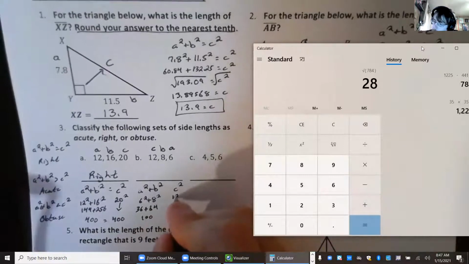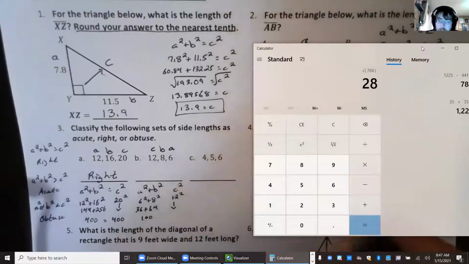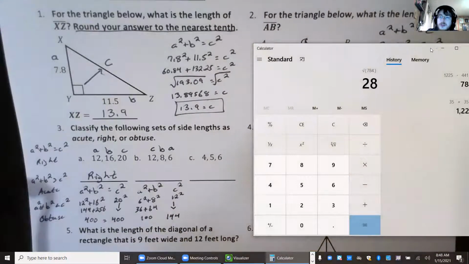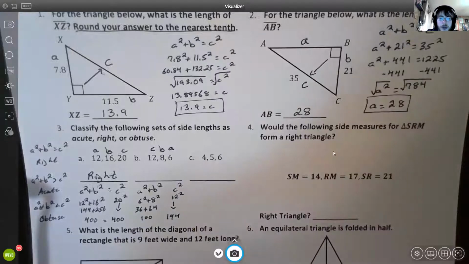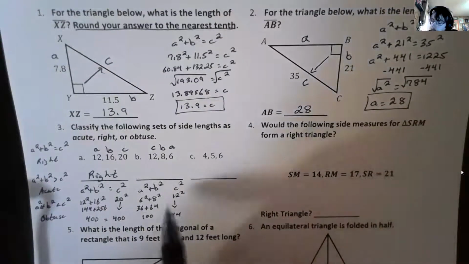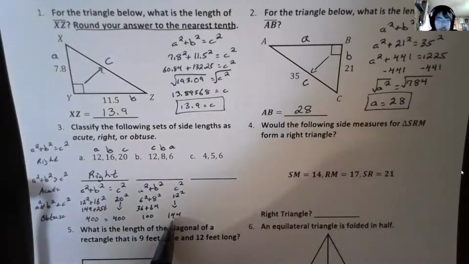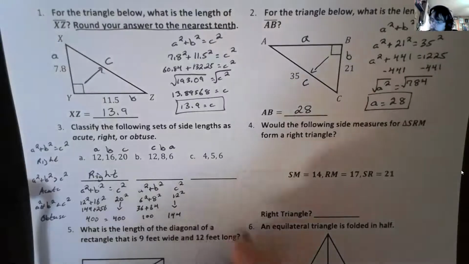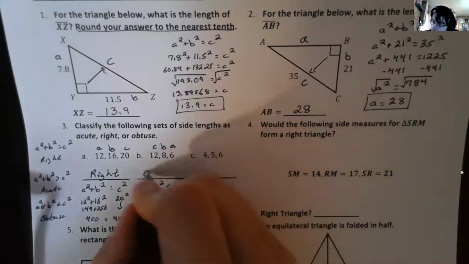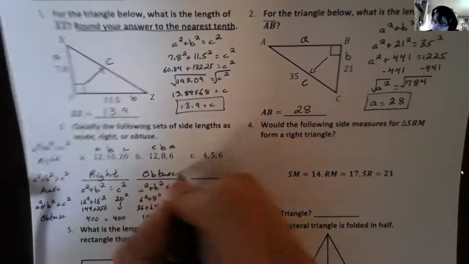And then 12 squared becomes 144. C squared becomes 144. And is C squared smaller than, equal to, or larger than 100? The answer is that C squared is large. So that means this is obtuse.